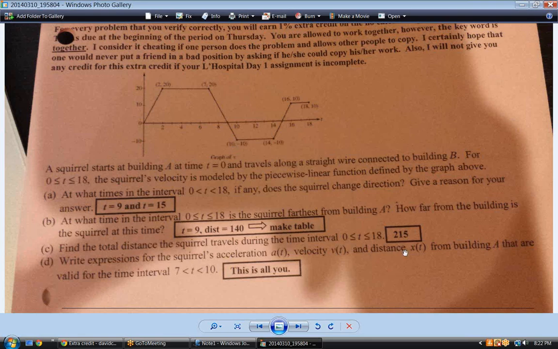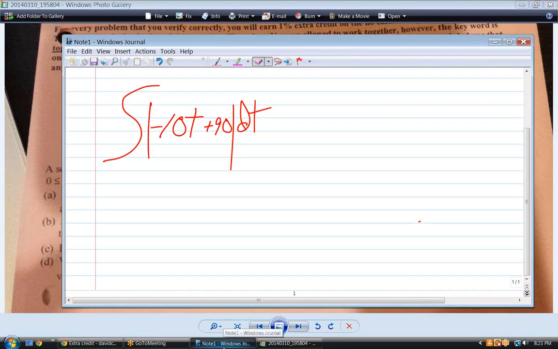Yeah, I was misreading this. Well, that's what I was doing at first. Distance from building is displacement. Total distance traveled is not distance from building. So I don't want the absolute value of that.